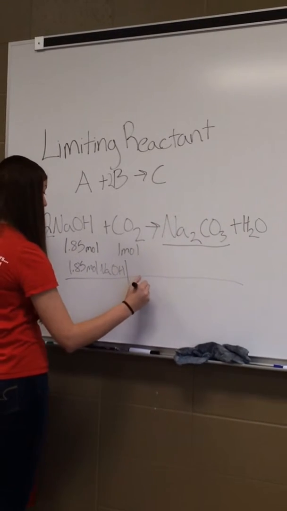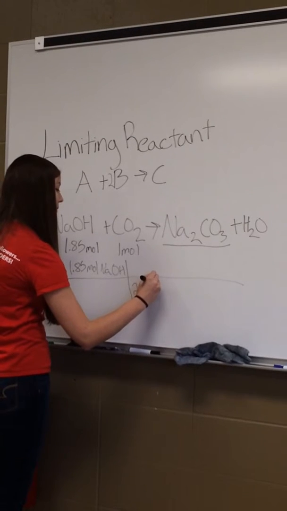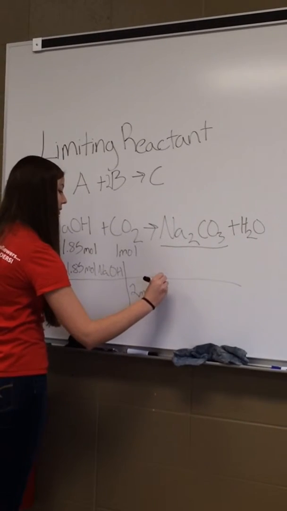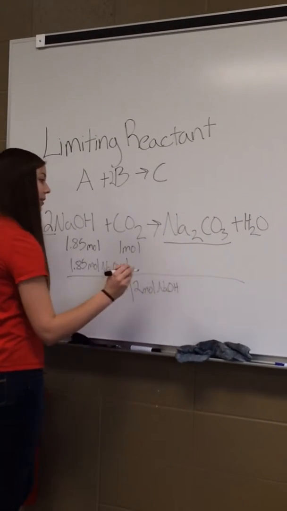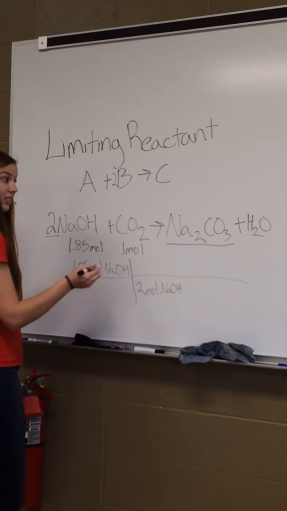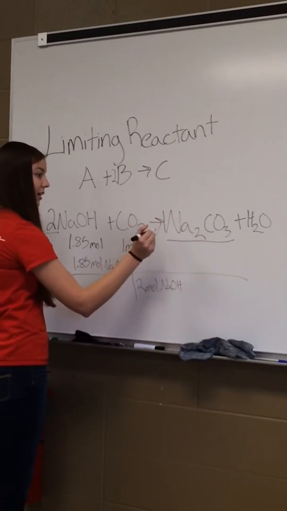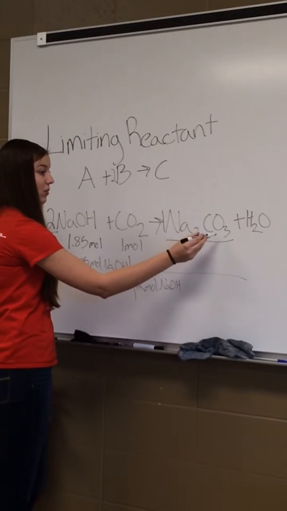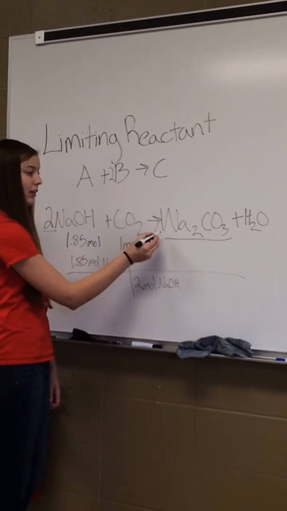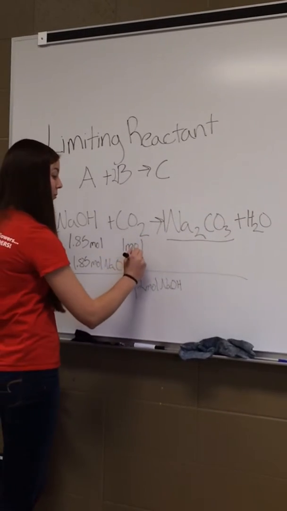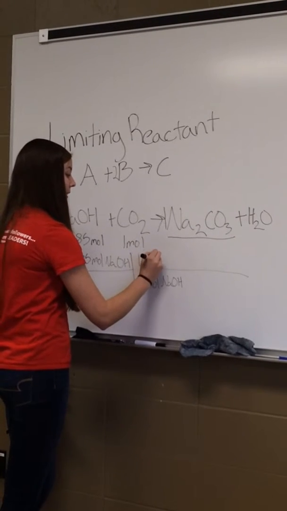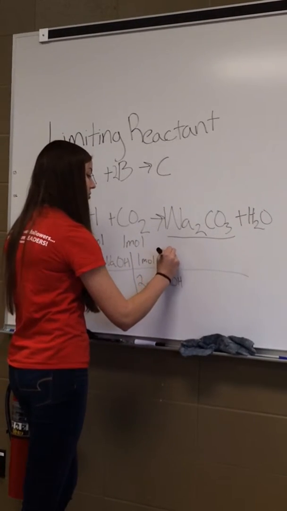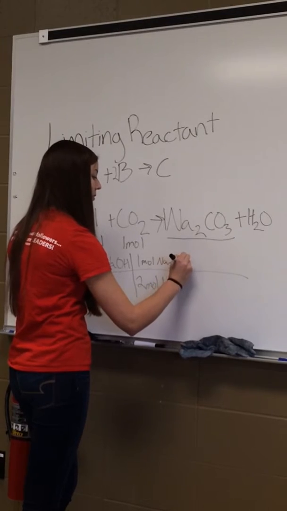So 2 mole of NaOH. And then the next thing we do is convert that to moles of Na2CO3. So in our equation we have 1 mole of Na2CO3.